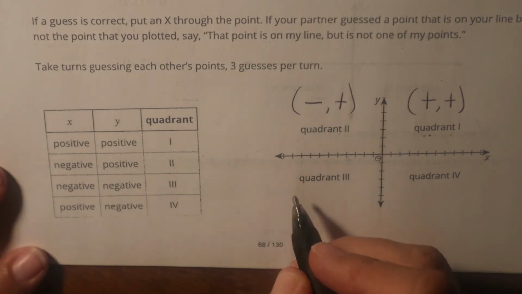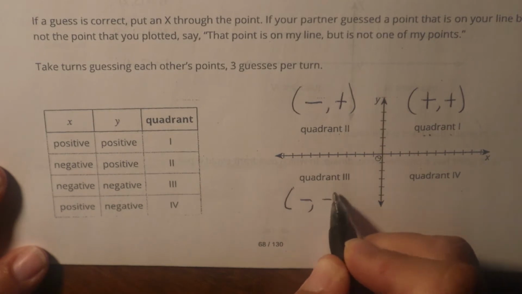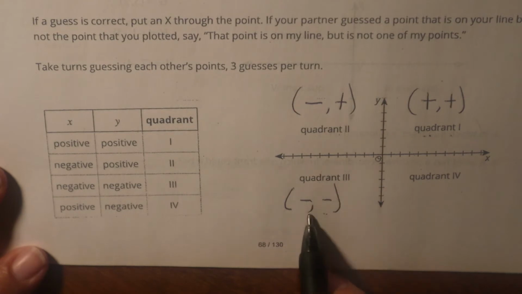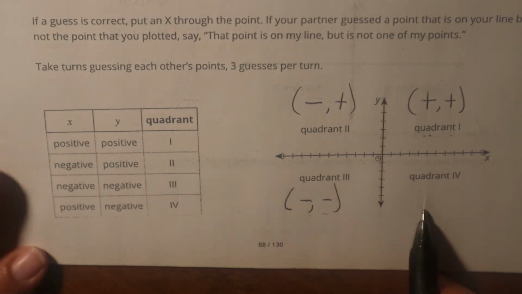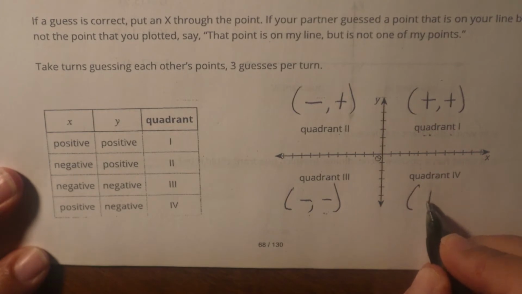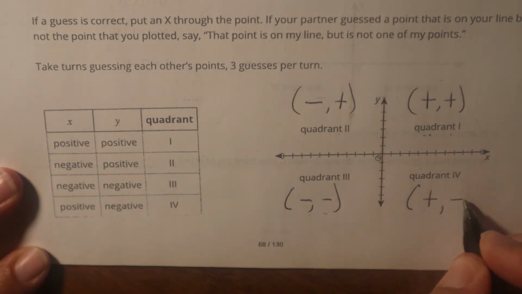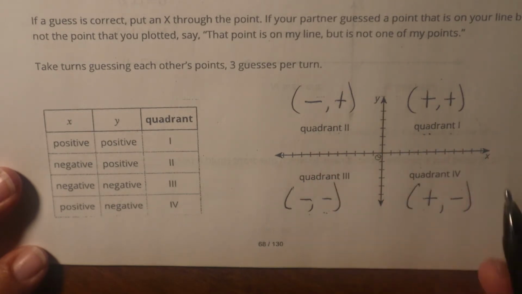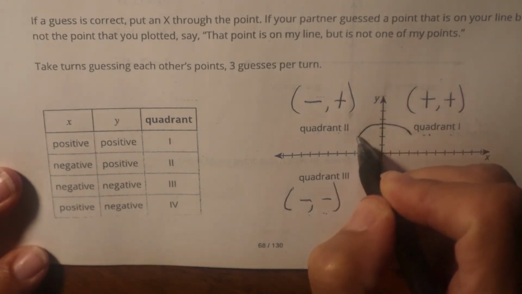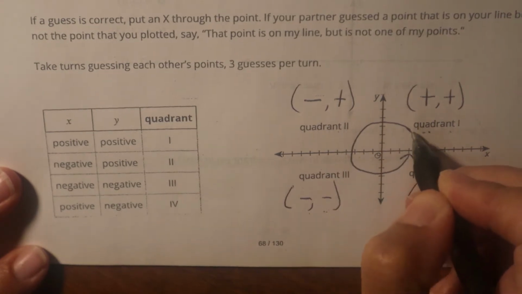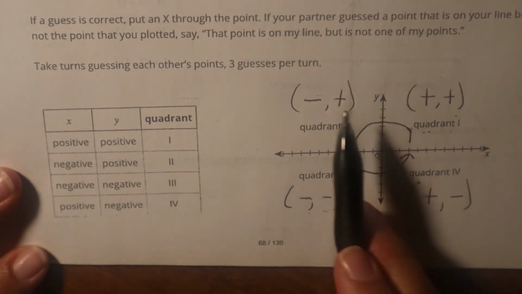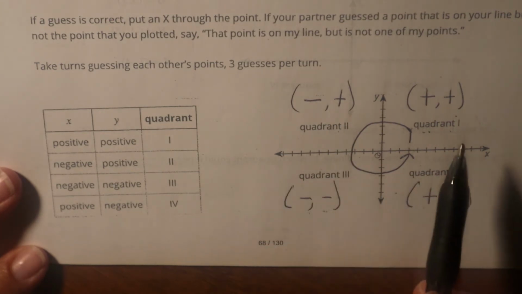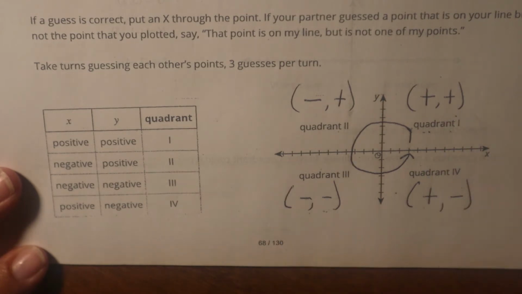Quadrant 3 is where both coordinates in your ordered pair will be negative, because you're going over negative, down negative. And lastly, in quadrant 4, you'd have a positive x-coordinate followed by a negative y-coordinate. Once again, when we work with all 4 quadrants, we move counterclockwise. That's why it's 1, 2, 3, 4. Don't know why it's done that way. Probably should research it. Who invented that? Not sure why it had to go counterclockwise.